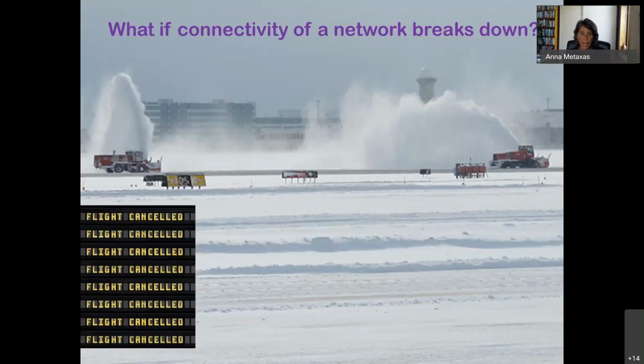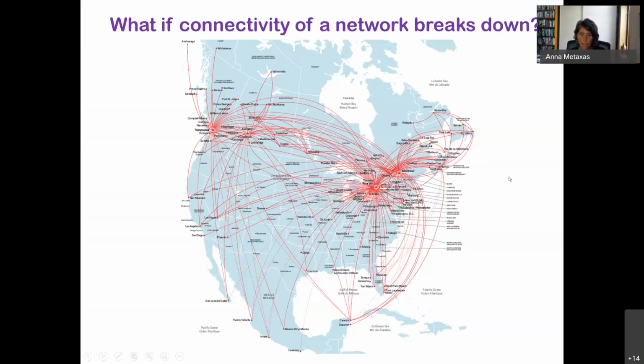So here's the network again. Let's say a winter storm hits Toronto. All of a sudden, all those flights that are coming in or through Toronto are gone. And we all know what happens when we're stuck in Toronto, right? So Toronto is a central node in this network. And if something happens to Toronto, this is reverberating throughout the country.